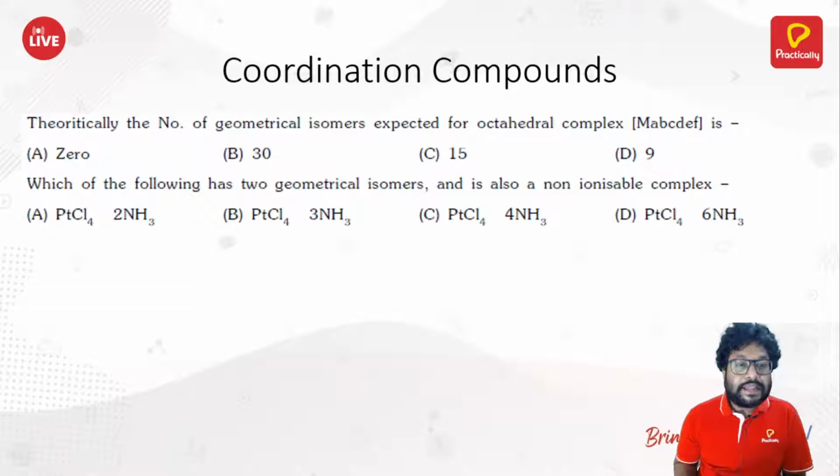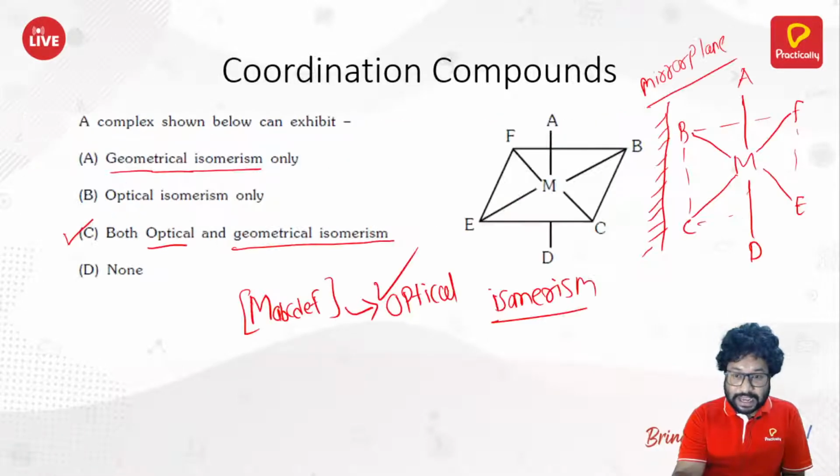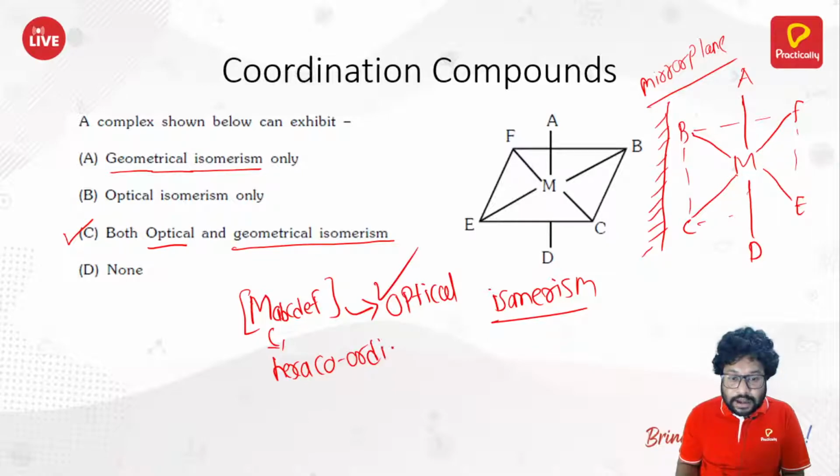Theoretically, the number of geometrical isomers. See, I just saw this question, M, A, B, C, D, E, F type. That means you have a central metal in a hexa coordinated system, which generally is called octahedral only.